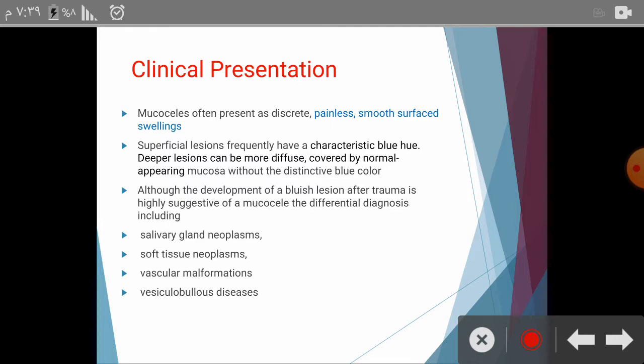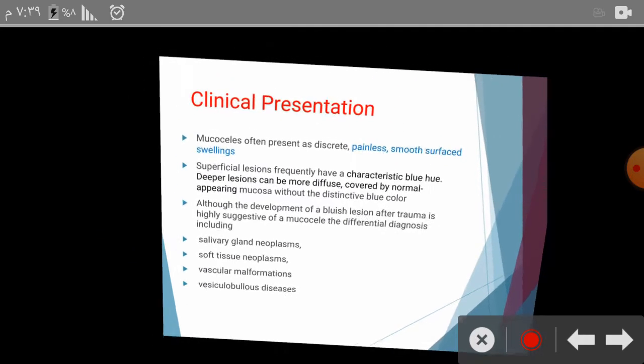Although it develops as a bluish lesion after trauma, there is a high risk of differential diagnosis, like salivary gland neoplasia, soft tissue neoplasm, vascular malformation, and vascular bullous disease.